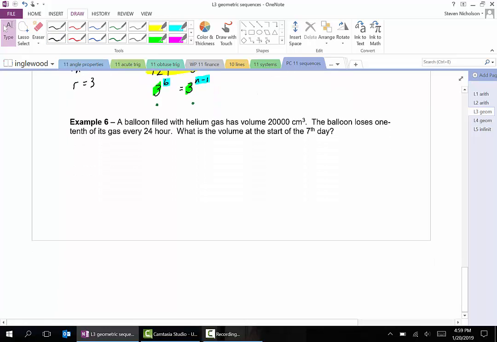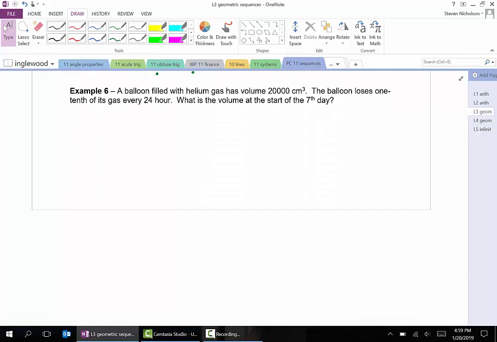And finally, this last one, again, a bit of a practical example that, again, we're only going to 7, so we could solve this pictorially. But the idea is this statement right here. Here's our key thing. The balloon loses 1/10 of its gas every day, every 24 hours.